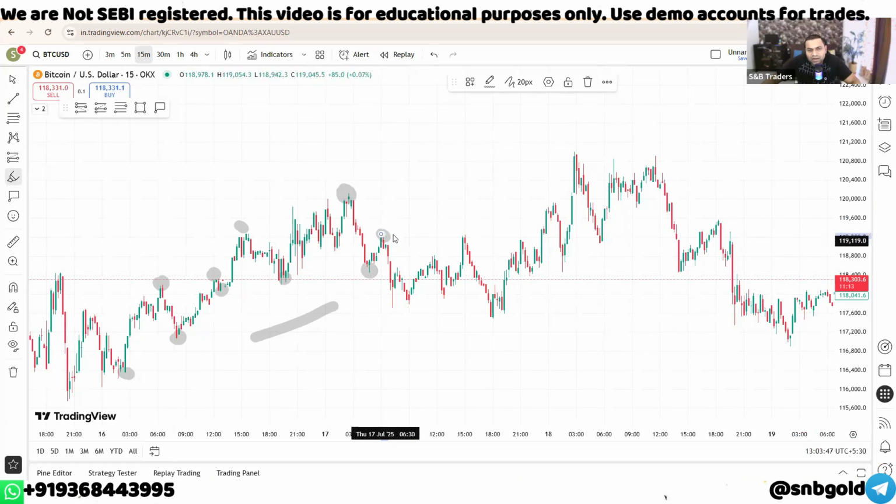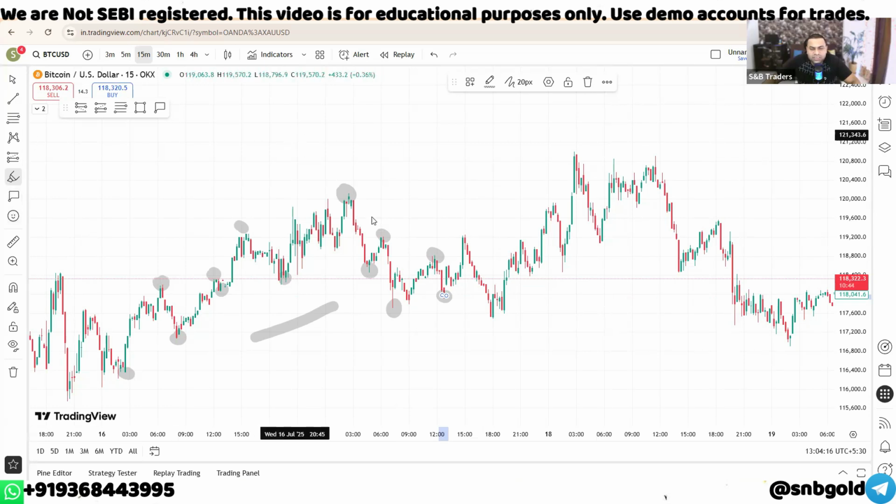So this is our lower high, and then again it made another lower low, because this low is now lower than the previous low. Again a lower high, but this time it didn't make a lower low. But that doesn't matter as long as we don't get a break of structure.